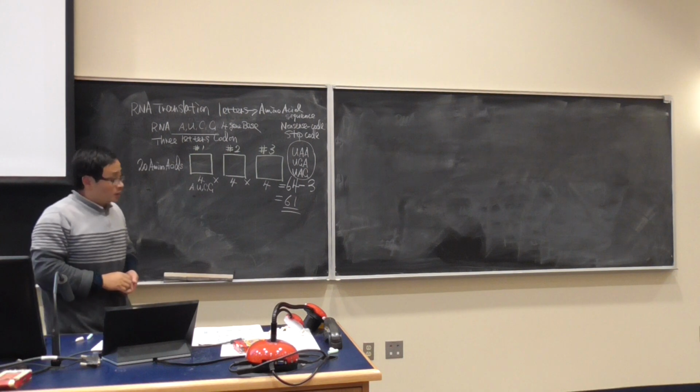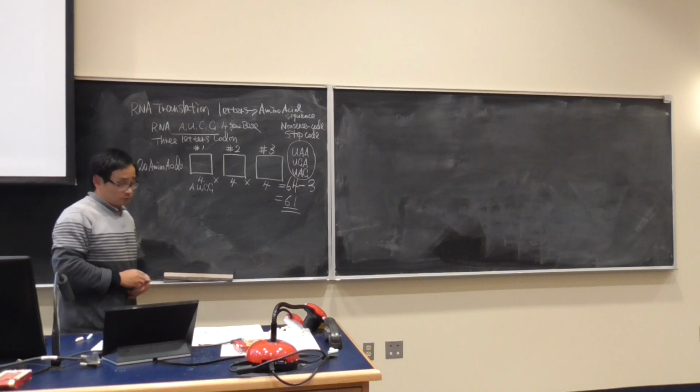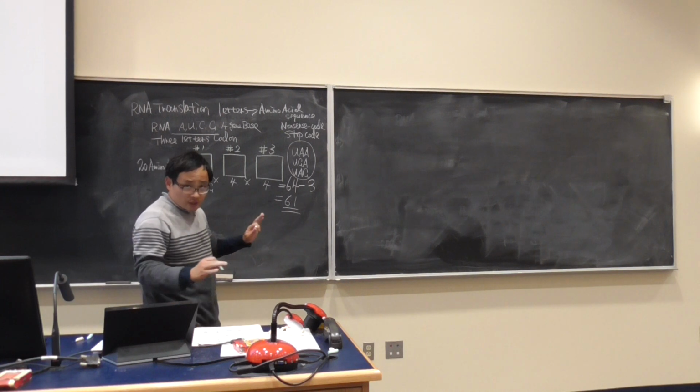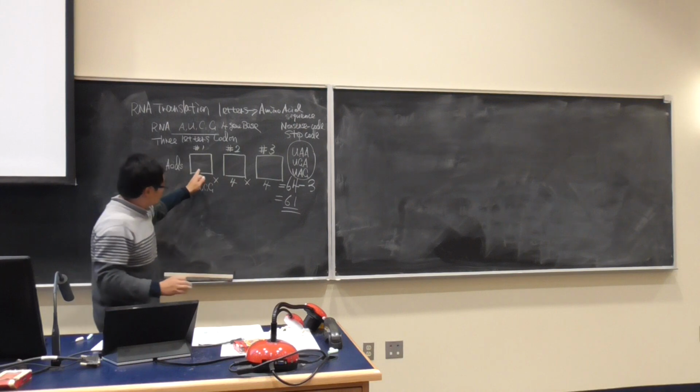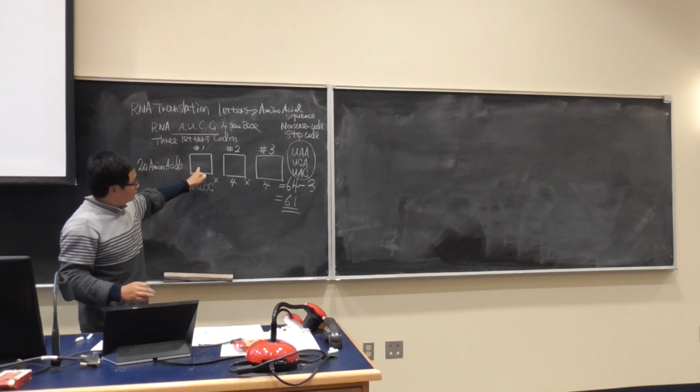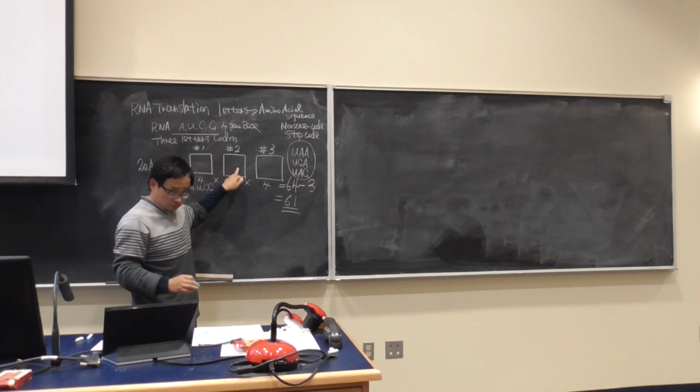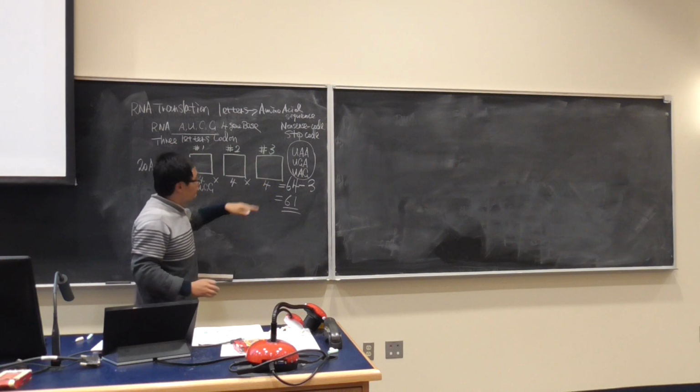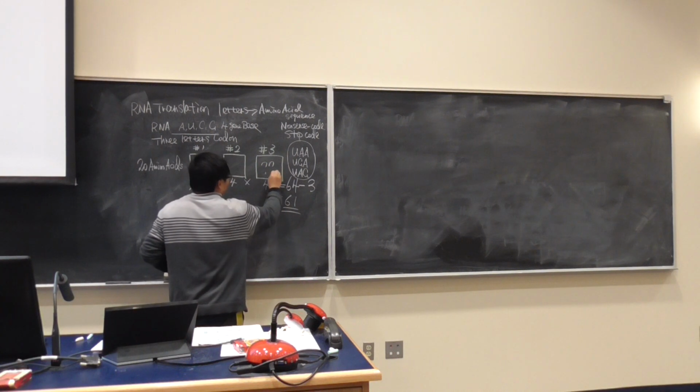You have to know the second thing too. In living cells, they are very strict about position number 1 and position number 2. They give you flexibility for position number 3.